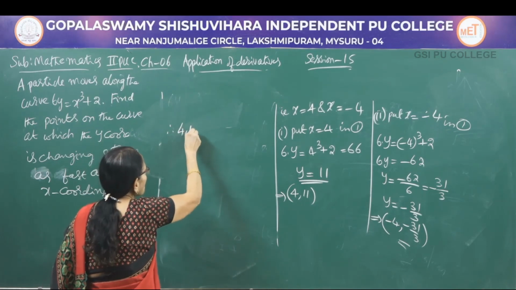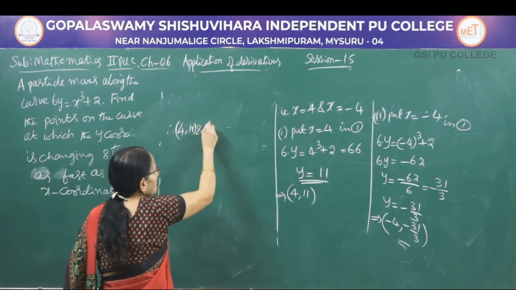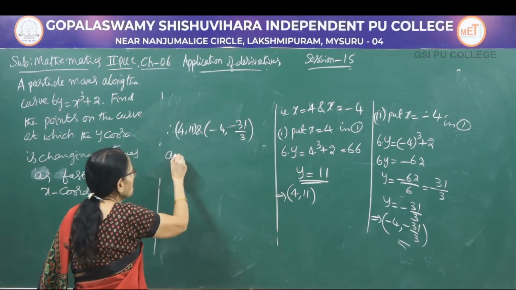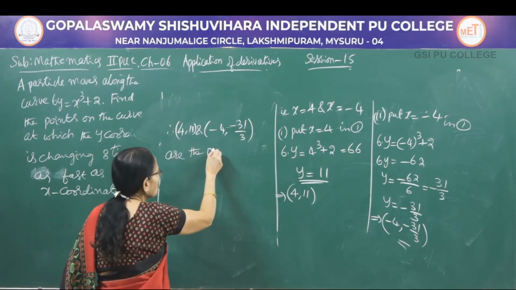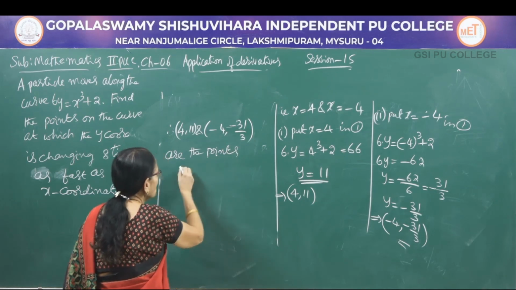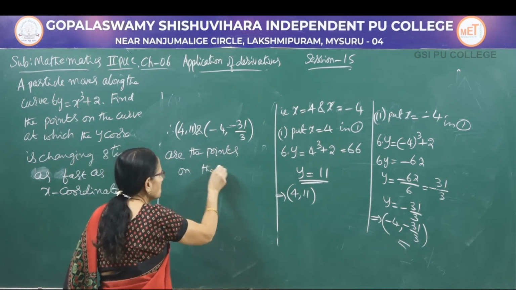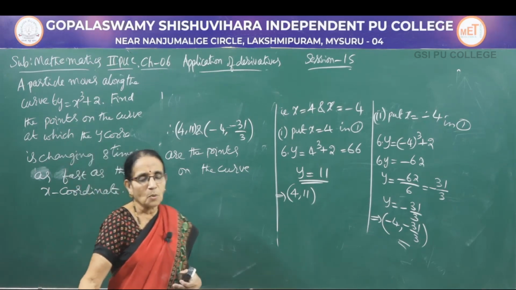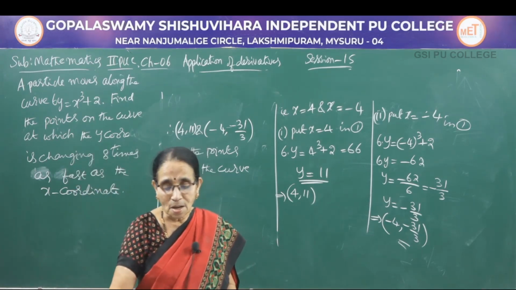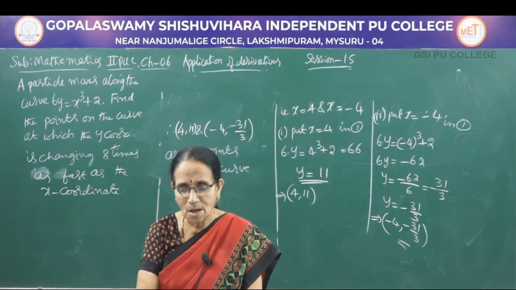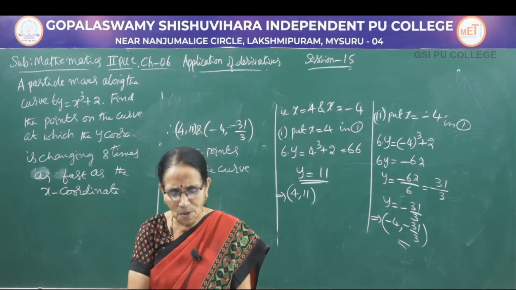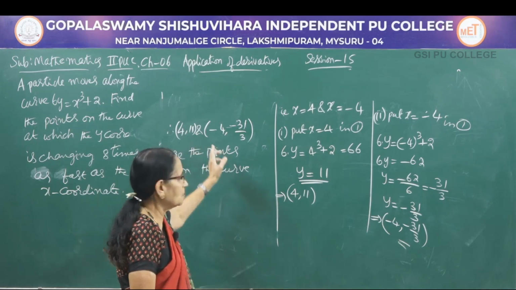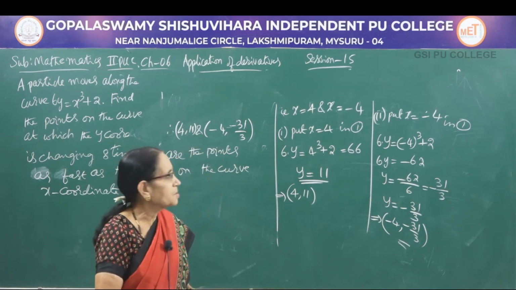You have to write here 4 comma 11 and minus 4 comma minus 31 by 3 are the points on the curve, at which the y coordinate is changing 8 times as fast as the x coordinate. So, all those details again need not be written. If you just write the points on the curve are 4 comma 11 and minus 4 comma minus 31 by 3.